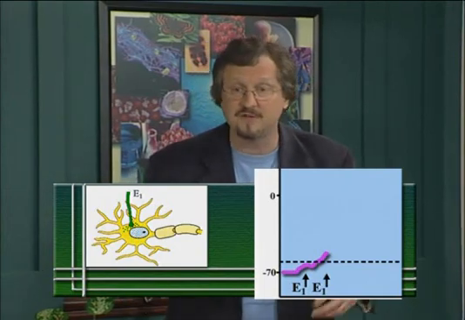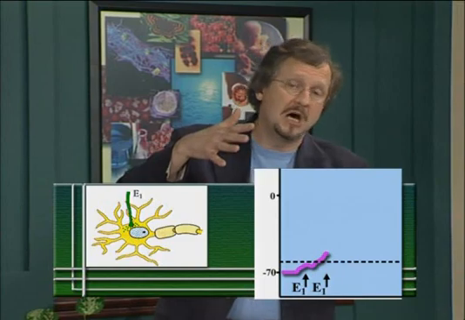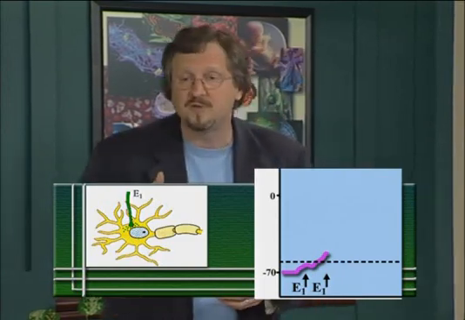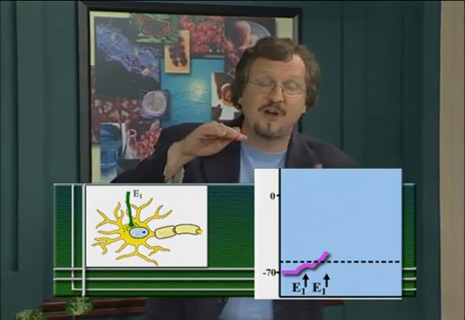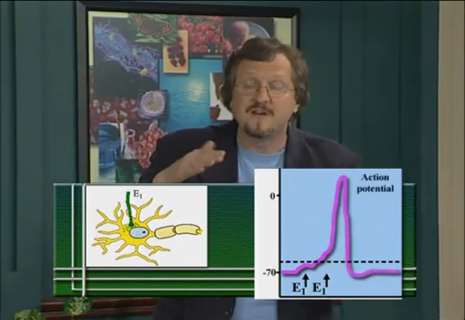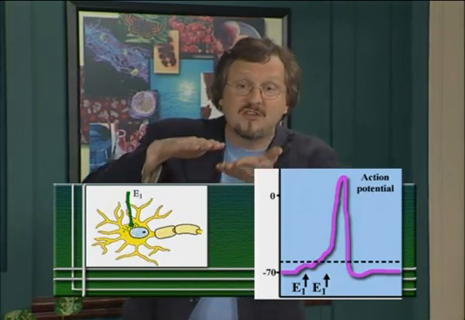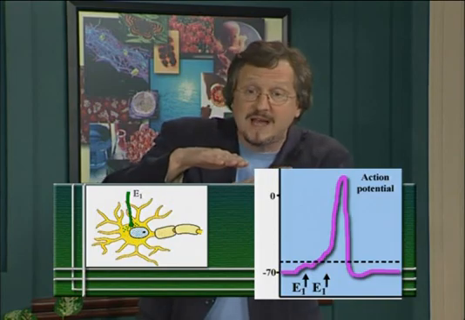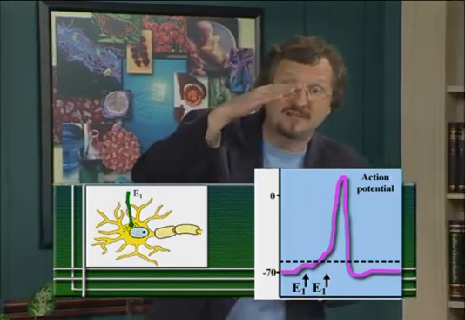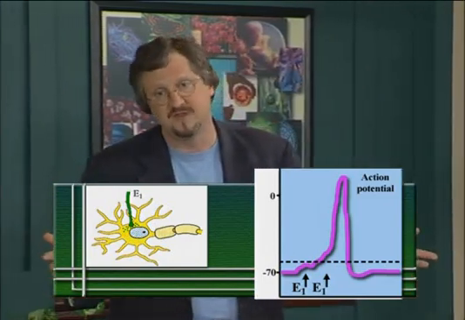So, for example, if the first depolarization brought us to a peak of maybe 3 or 5 millivolts more positive than rest, if we fired the synapse again soon enough, then the second depolarization might build on a depolarization that's already 3 or 4 millivolts above where rest is already. And it would get to a higher peak, something maybe around 8 or 9 millivolts more positive than the rest.